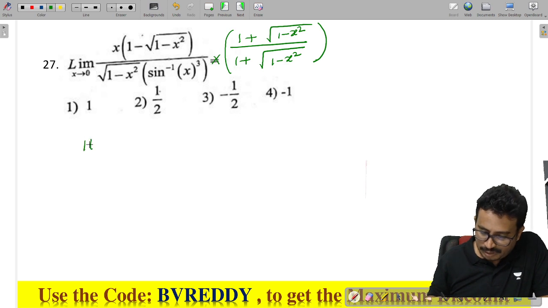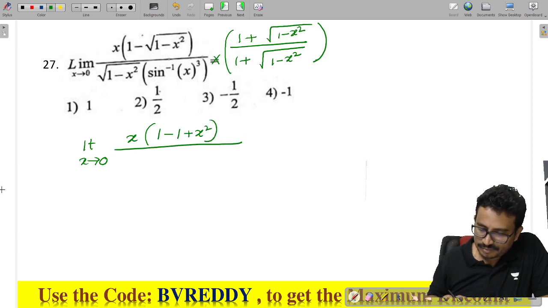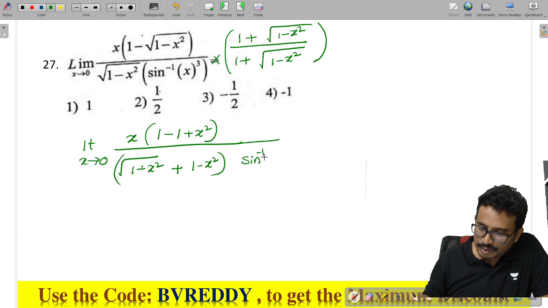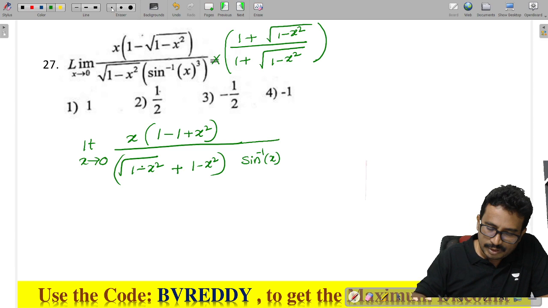Yeah, tell me now here, limit x tends to 0, x into, I can say a squared minus b squared, so that is 1 minus minus 1 plus x squared by, so this into this, if we multiply, square root of 1 minus x squared plus 1 minus x squared into what I will get now here, sine inverse of x cube.